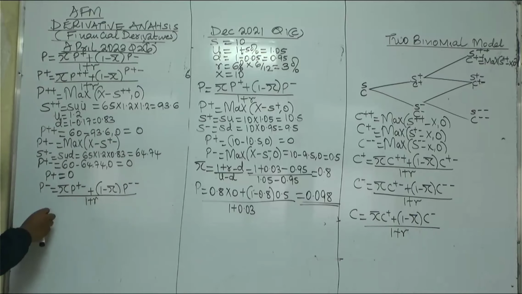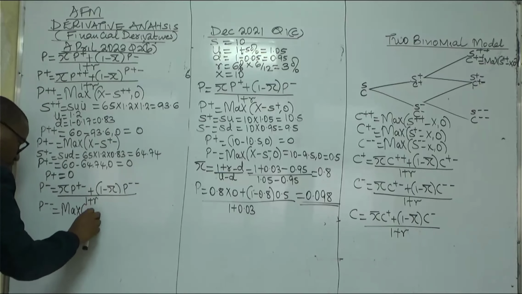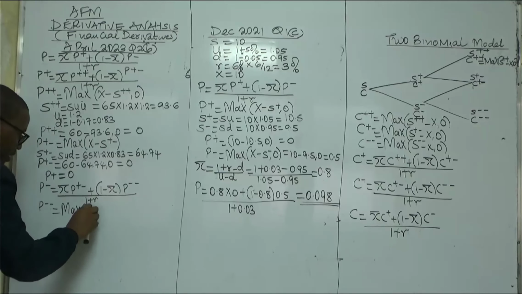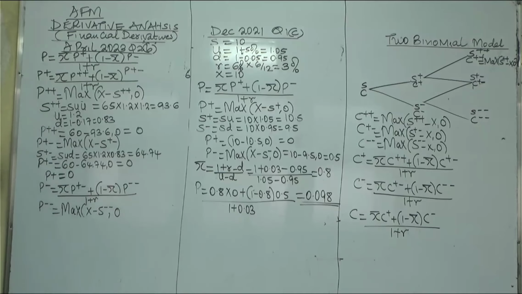All I need is the P minus minus. P minus minus will be given by the maximum of the exercise price minus S minus minus, compared with 0. S minus minus is SD squared.